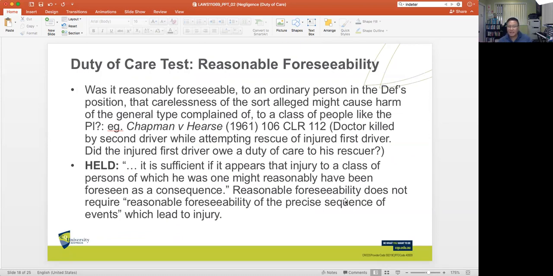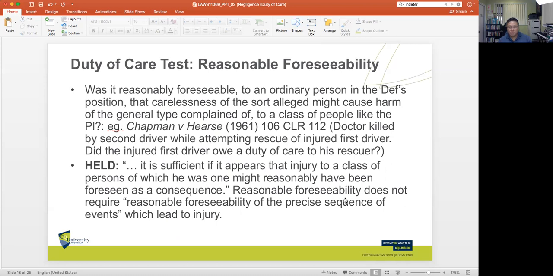So that's basically the question. So assuming that there might be a potential duty of care, the basic question that arises is, could it be reasonably foreseen that a defendant owed a duty of care to the plaintiff?